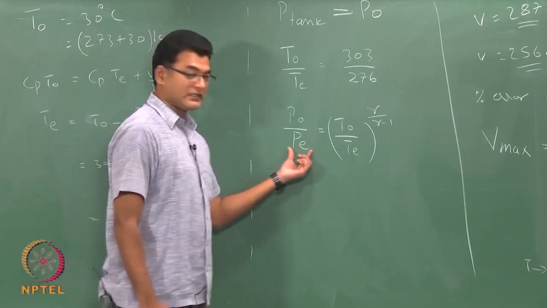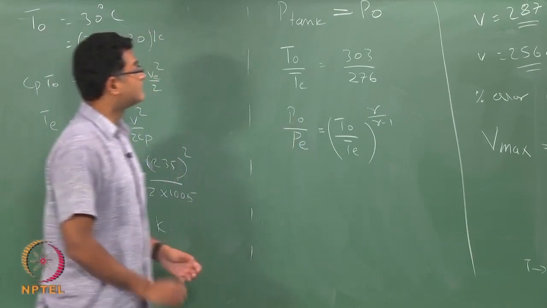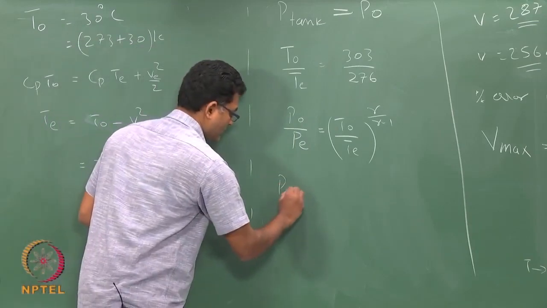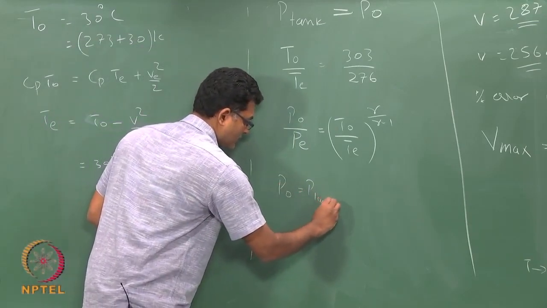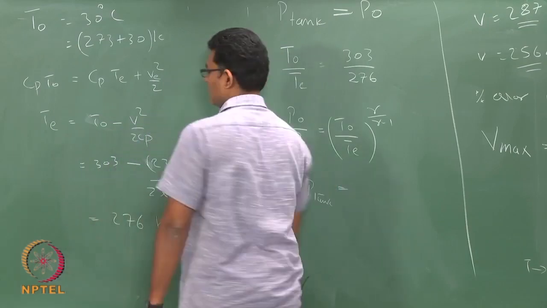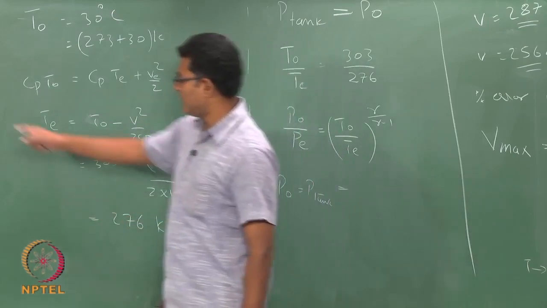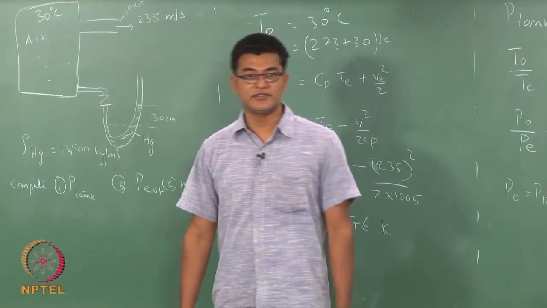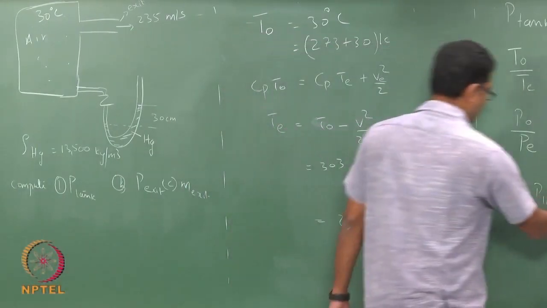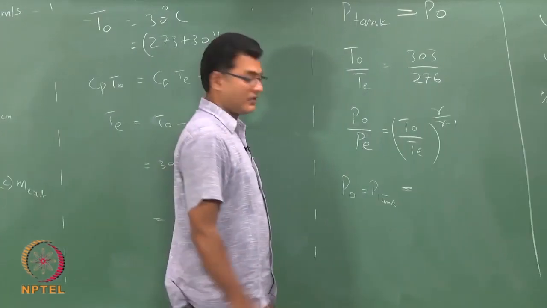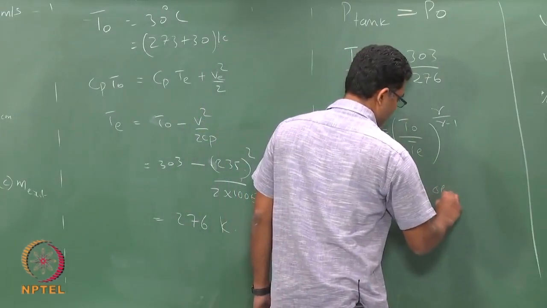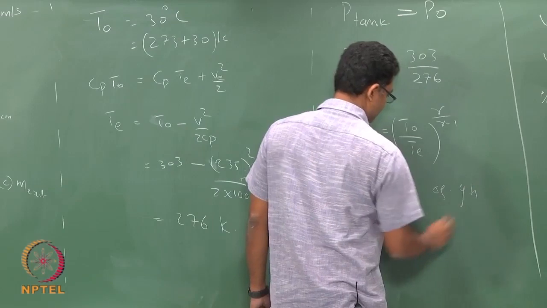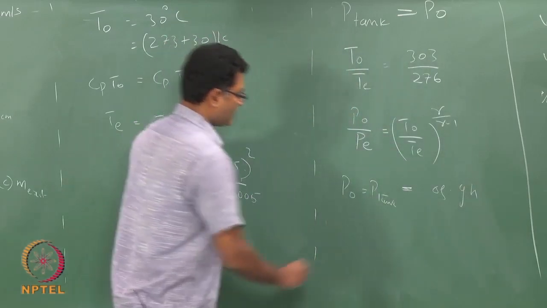Now, what is P exit? What is P0? This is being measured by a U-tube manometer here, which has this quantity. So, it is delta rho g h. What is delta rho?